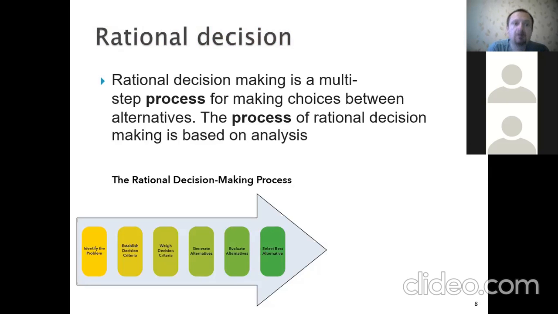We will speak about every step today, but generally this way of decision making means that you are thinking, you are completely analyzing the situation, and only having got the results of this analysis, you are making a choice among alternatives.